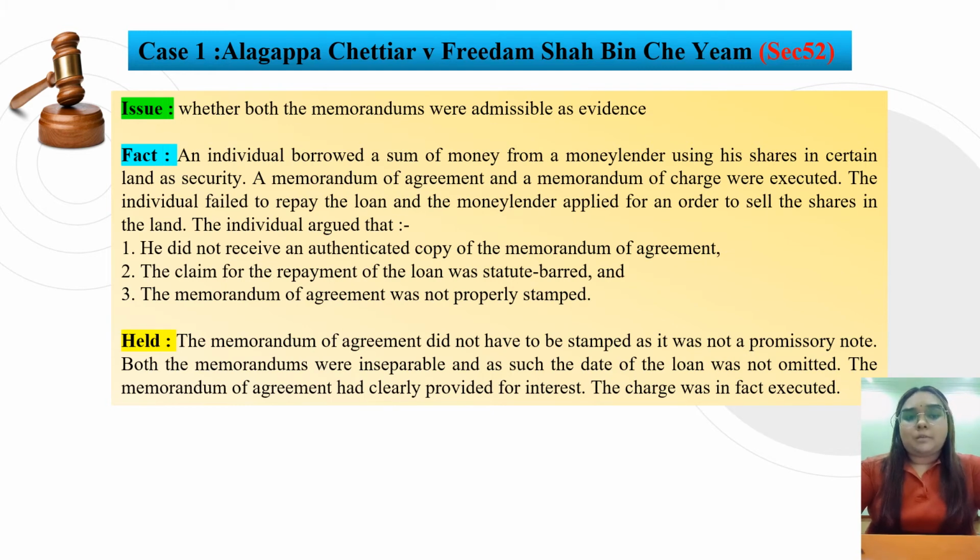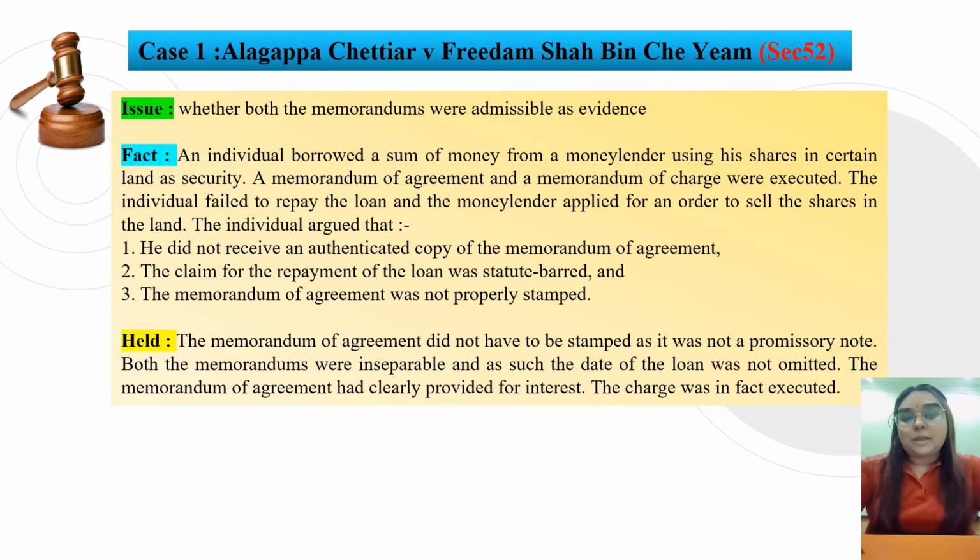The memorandum of agreement and memorandum of trust were executed. The individual failed to repay the loan and the moneylender applied for an order to sell the shares in the land. The individual argued a few things.